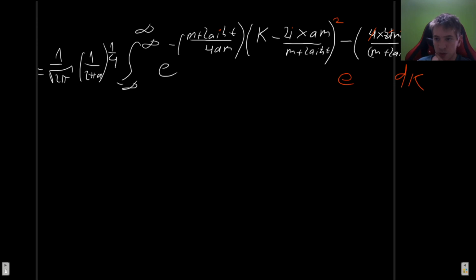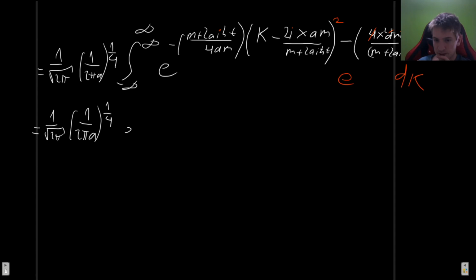So now what we have to do, well, there are several things. First, this is equal to 1 divided by the square root of 2 times 1 over the fourth root of a. And now this exponential does not depend on k, so it's just a constant with respect to k, so we can just pull it out of the integral.